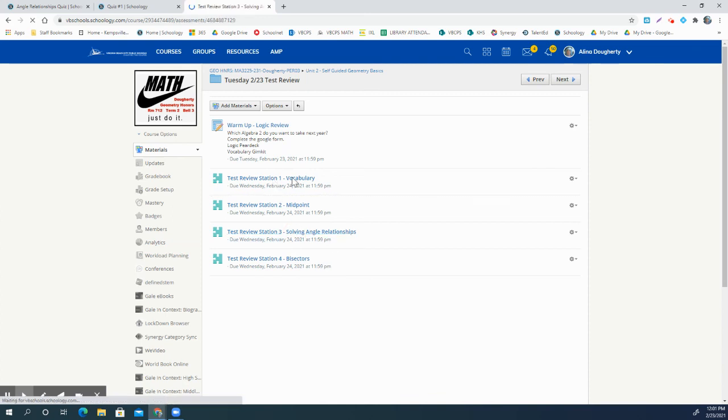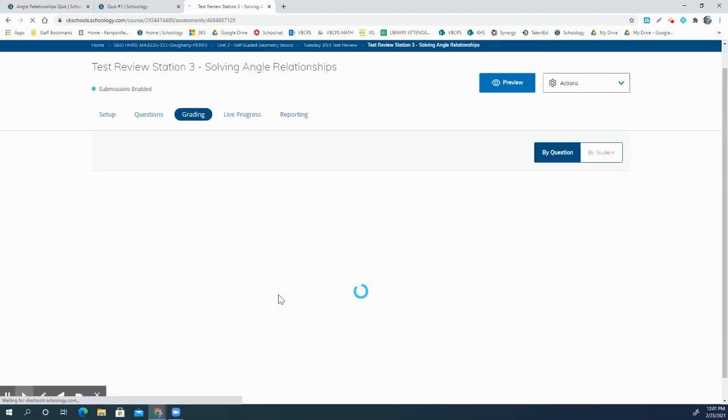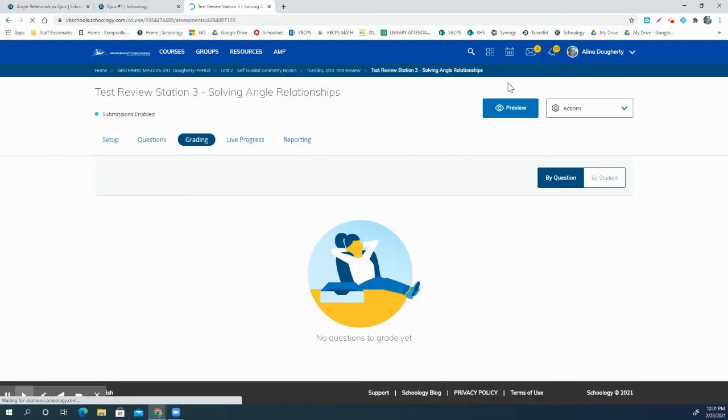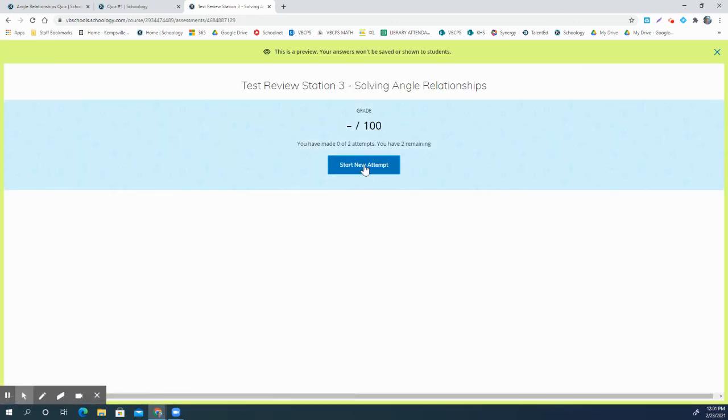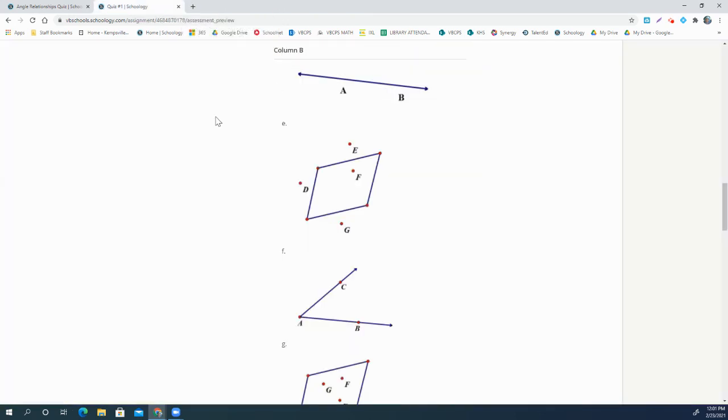But station 1 is just vocabulary. And then stations 2, 3, and 4, 2 of them are small and one of them is a little bit bigger. But I want to give you the time now to just work on these. And if you have any questions, let me know. Okay? And if you want to chat with each other, please feel free to chat with each other as well.